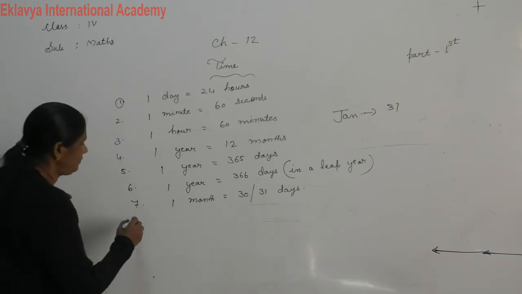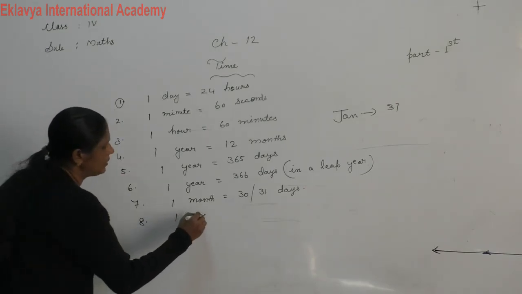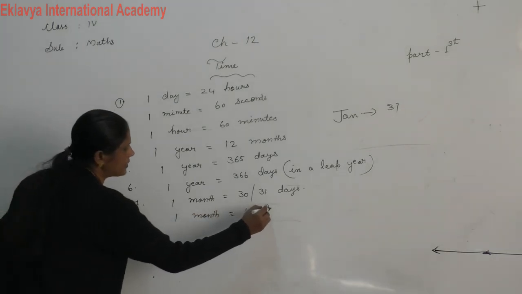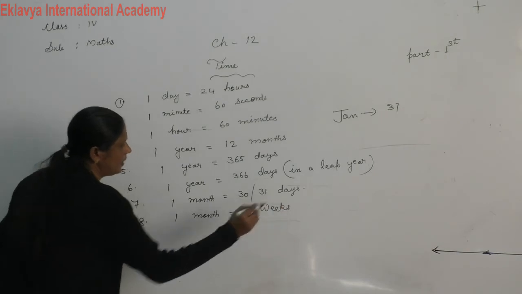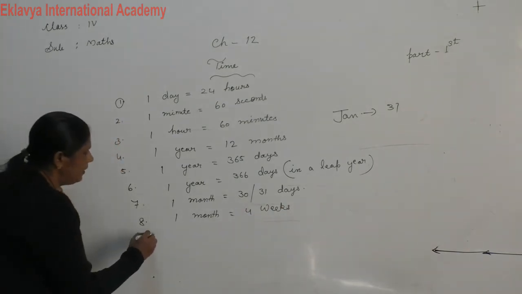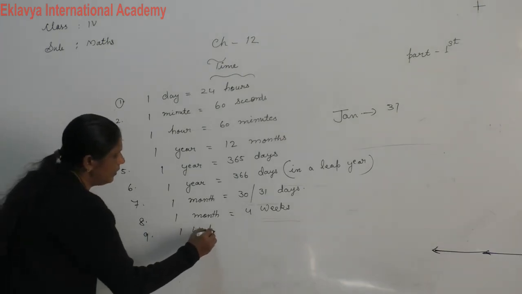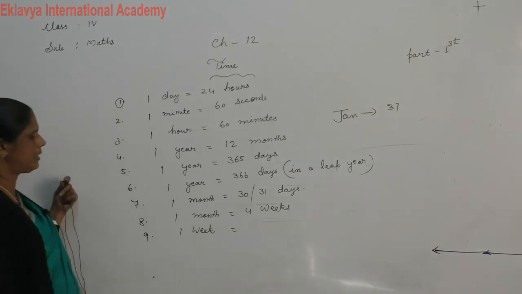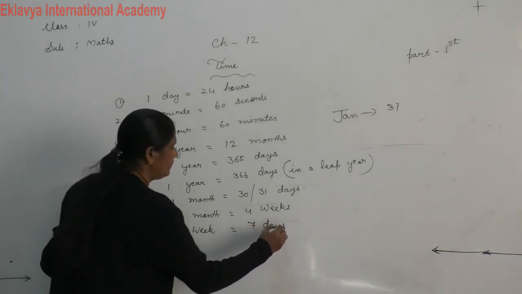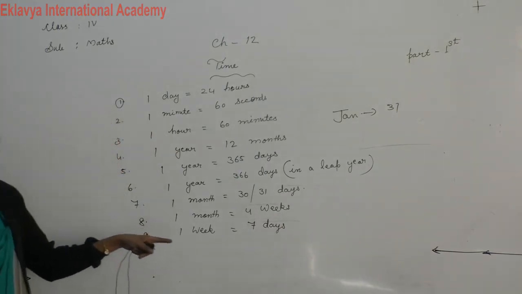Then 1 month is equal to 4 weeks. 1 week is equal to 7 days.